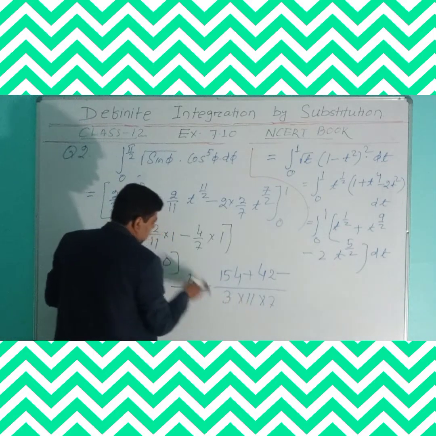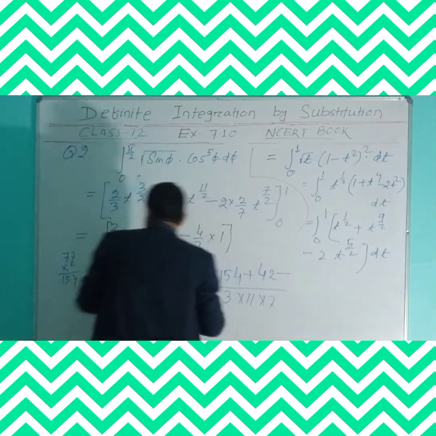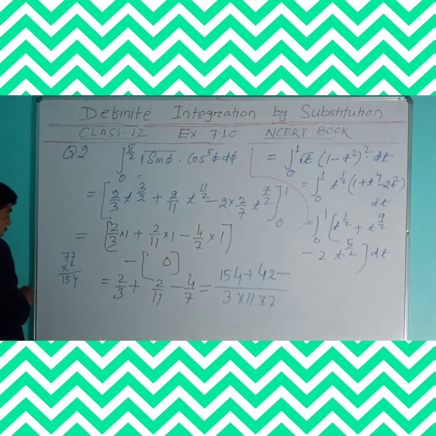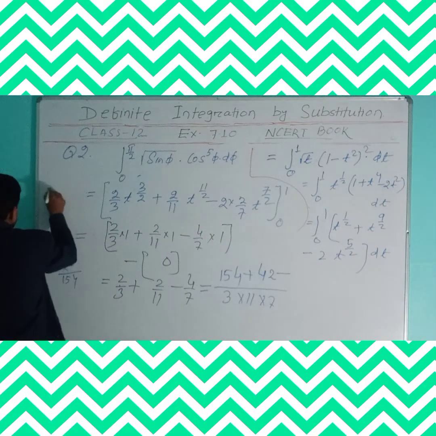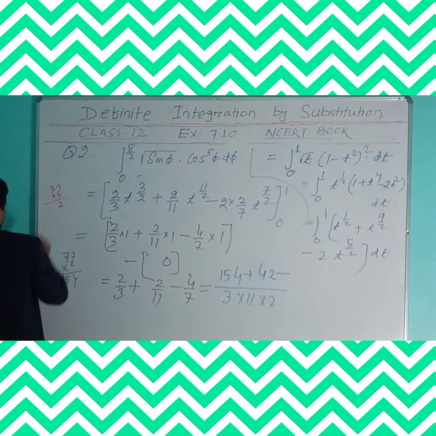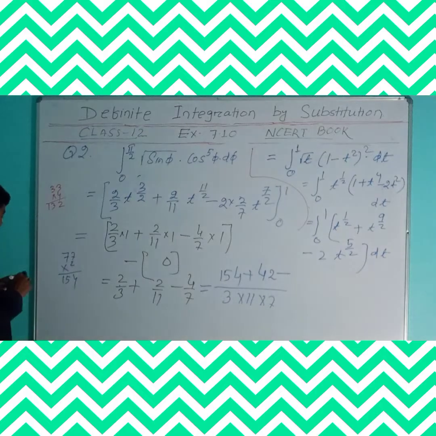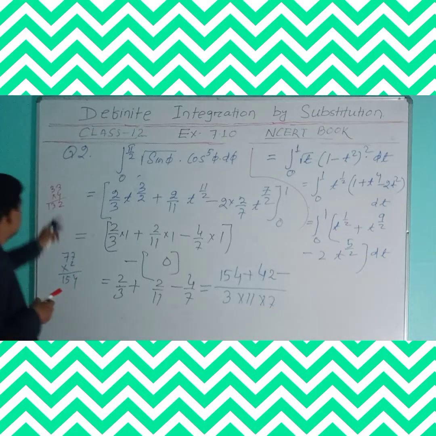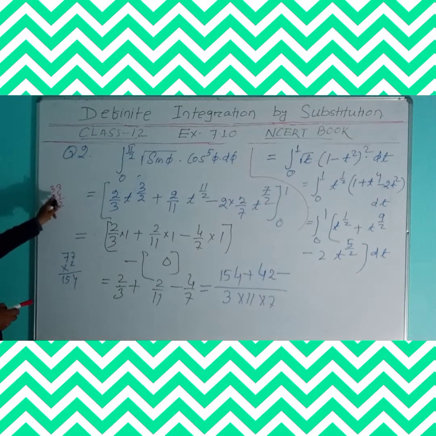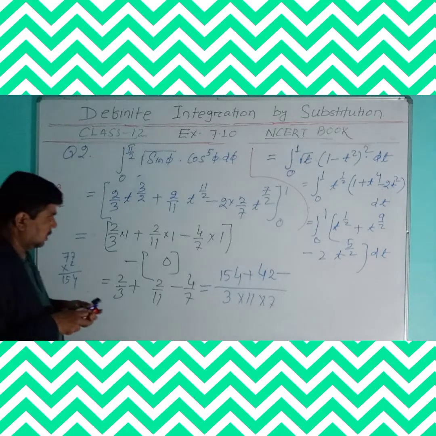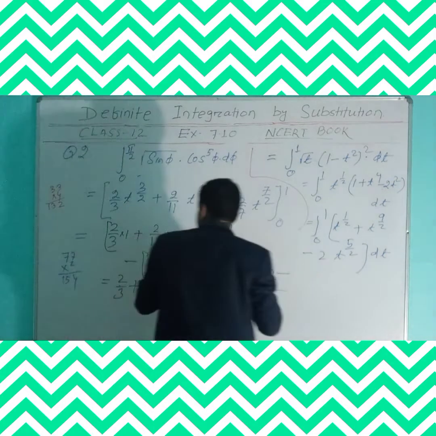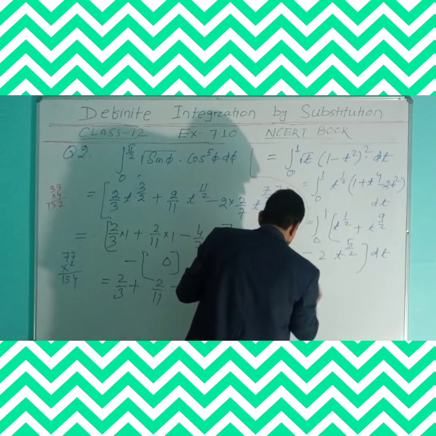And 11 into 3 is 33. What is 33 into 4? 4 threes are 12, 2 carry 1. 4 threes are 12 plus 1, 13. So you can write 132. Right? Understand?